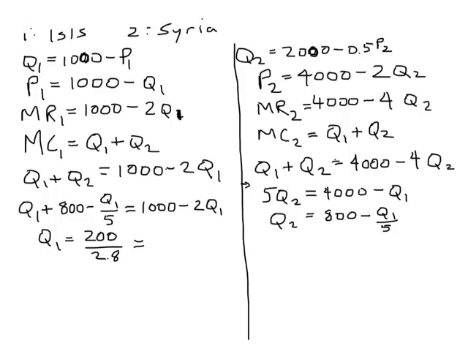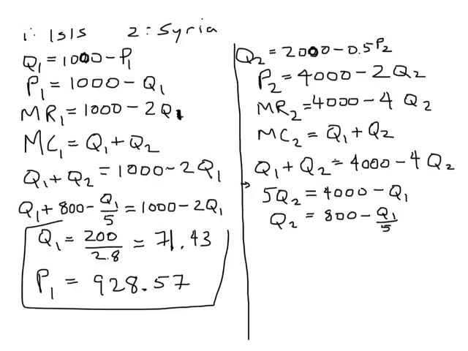Divide through by 2.8, and you get Q1 is 71.43, and I can plug this value into the demand curve, and what happens is I get P1 equals $928.57. So those are my answers for market 1.